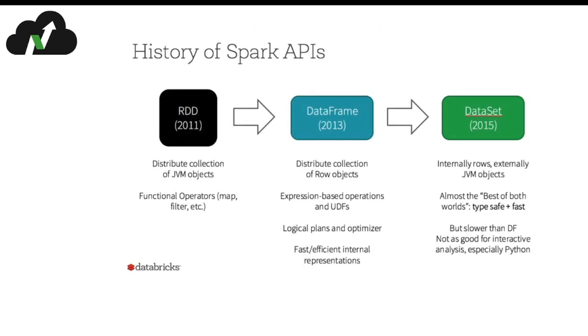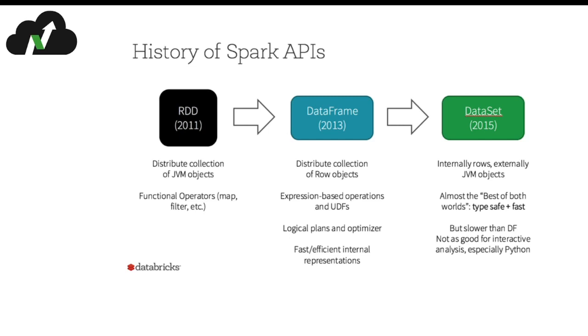Now let's look at the history of the Spark API. When Spark was first introduced, RDD was the core collection which handles the data which we read through a file or any database system. In 2011 RDD was introduced. Later on, some modifications were made on top of RDD which made it more powerful and more intelligent.